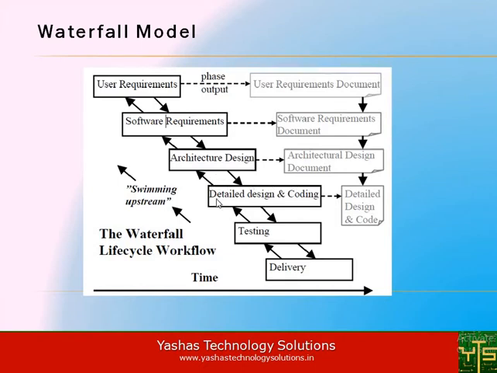In the next phase, detailed design and coding, the output would be the detailed design and code. The next phase, post-coding, would be testing. Testing and final would be the delivery of the software code. So it may follow with the swimming upstream.